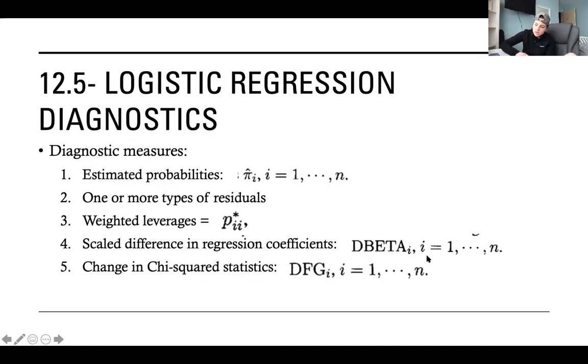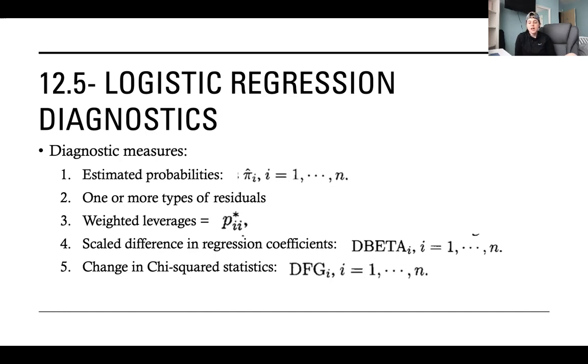We can also use the following graphs to examine the fit. The first is going to be a scatter plot of dr sub i versus pi sub i hat. The second can be a scatter plot of pr sub i versus pi sub i hat.